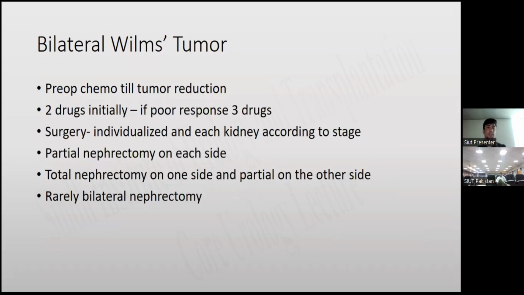So the goal is preoperative chemotherapy until we achieve tumor reduction, with vincristine and actinomycin initially, and if there is poor response, we add doxorubicin as well. Surgery is individualized for each kidney according to stage: partial nephrectomy on each side, or maybe total nephrectomy on one side and partial on the other side.